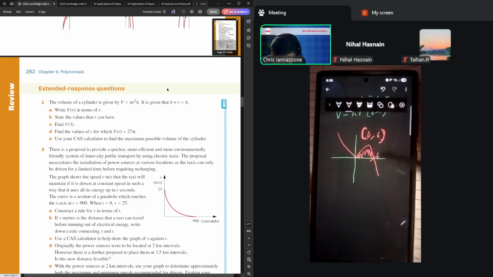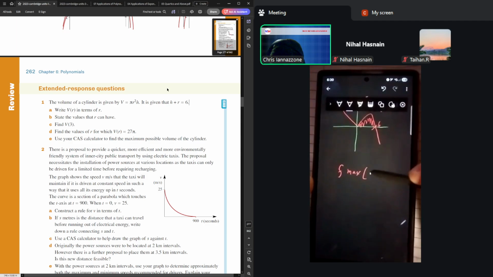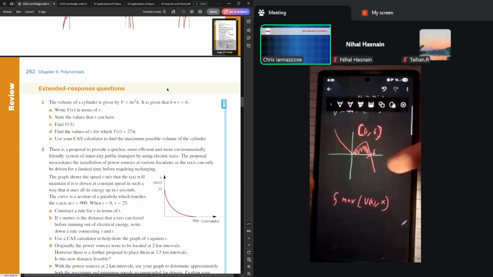State the values that r can have. Those are the values that r can have. V of 3 is just V of 3, that's whatever. It's more so the part E in there, where you'll essentially just do Fmax V of x, comma x. Well, I guess you could do r, but just use x's, it's easier.